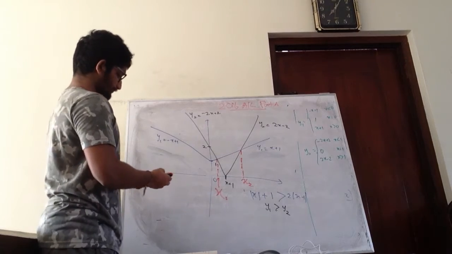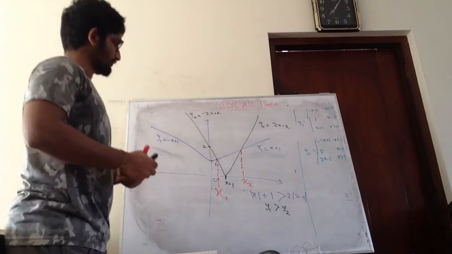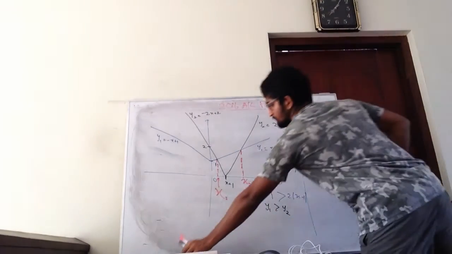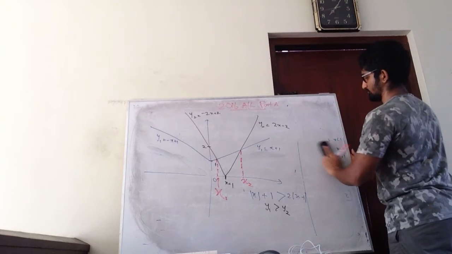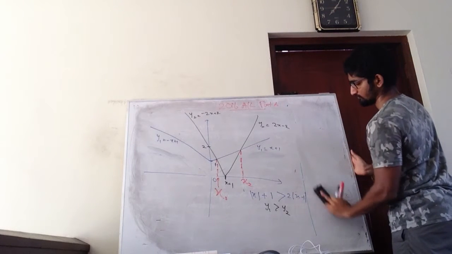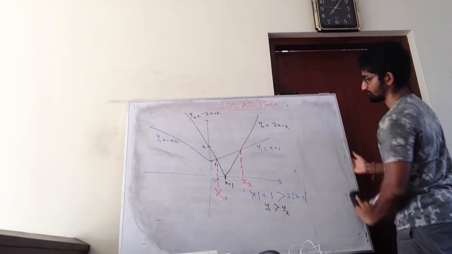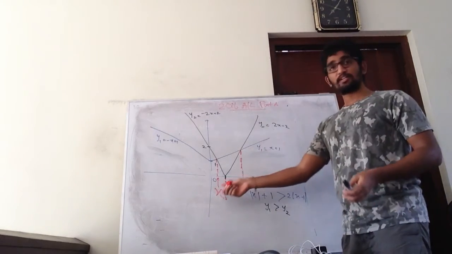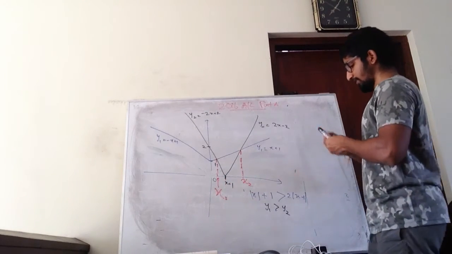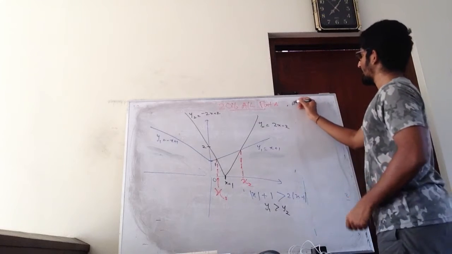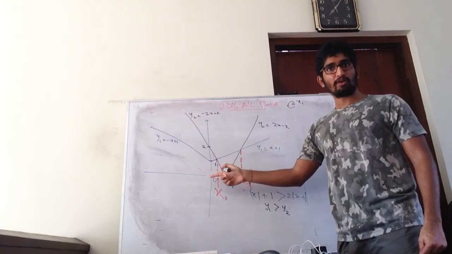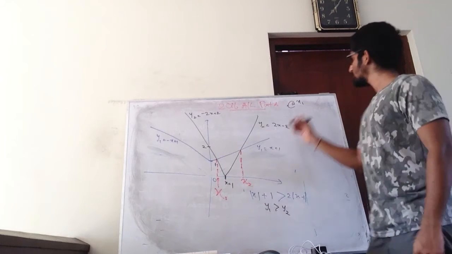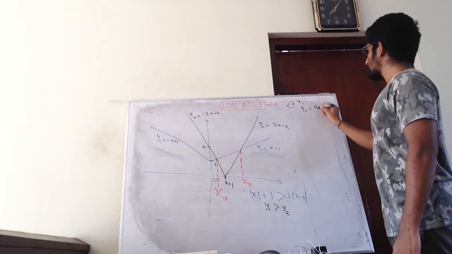So that is all we need to do here. Right. So now if I find those values here, at x equals 1, the y1 and y2 heights are the same, no? So y1 is equal to y2.